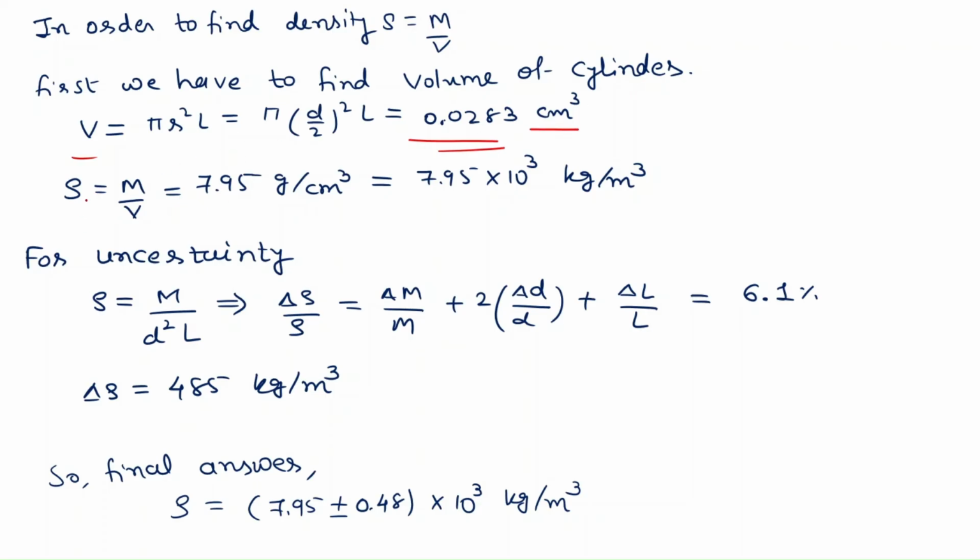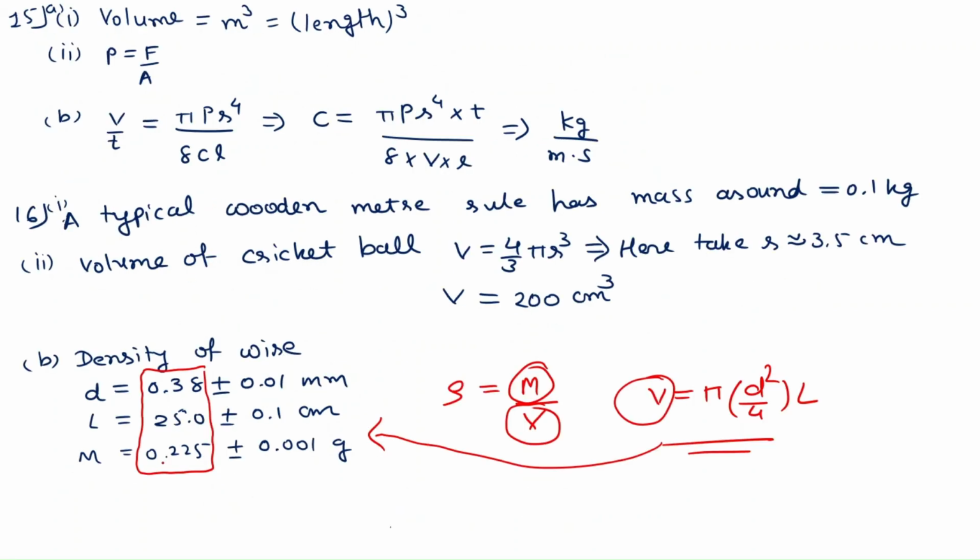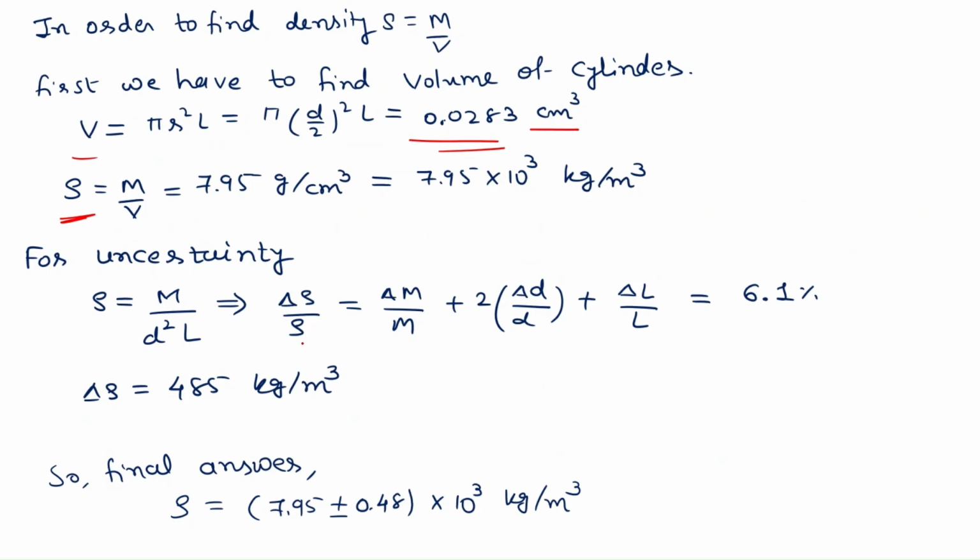But we have to find rho, meaning density, and they give mass per volume. If you divide the mass by this value, you will get 10.95 gram per centimeter cube, which is not in SI base units.